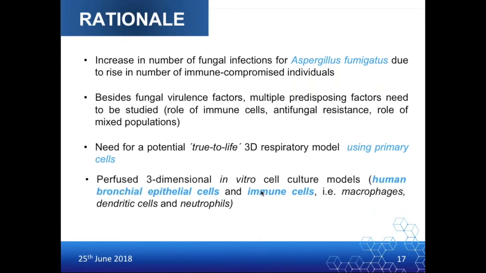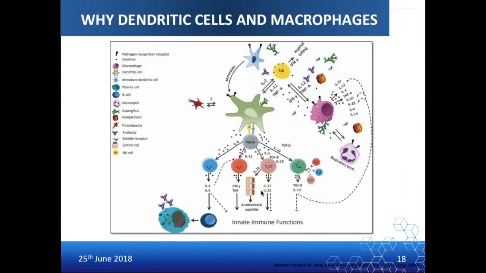So we set up a perfused 3-dimensional in vitro cell culture model consisting of either normal human bronchial epithelial cells or small airway epithelial cells. And then we added immune components such as macrophages or dendritic cells. Now I want to show you why we decided to take macrophages or dendritic cells.